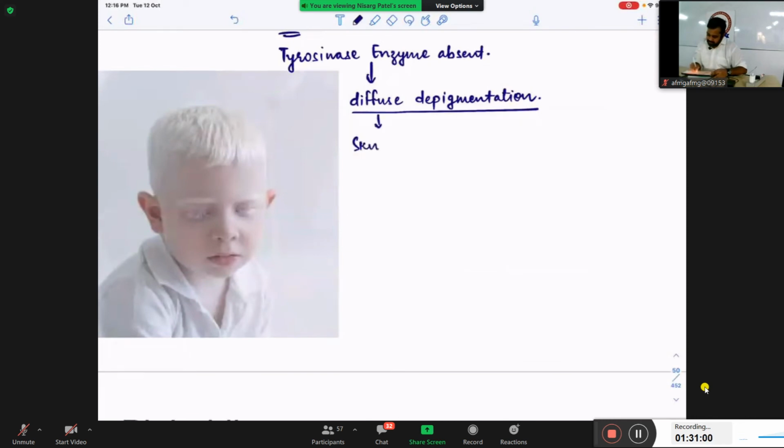Skin, hair, and even the iris color is affected.